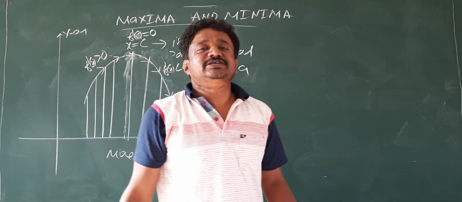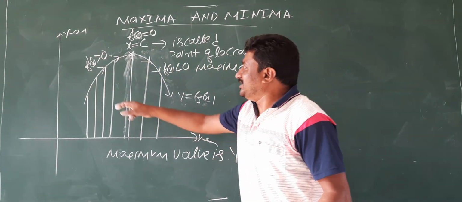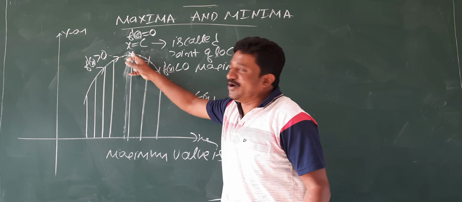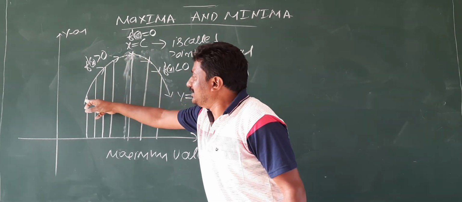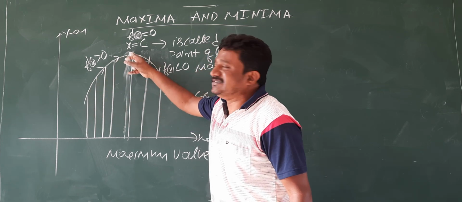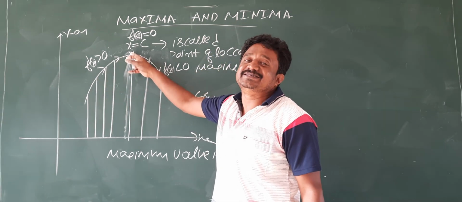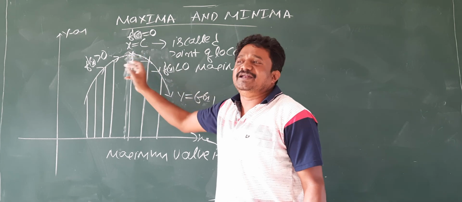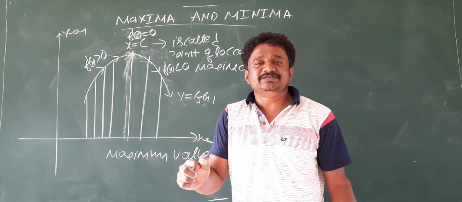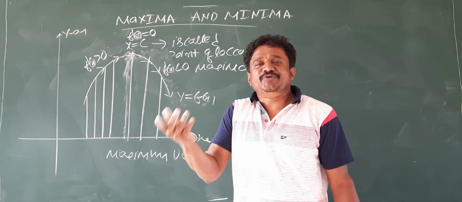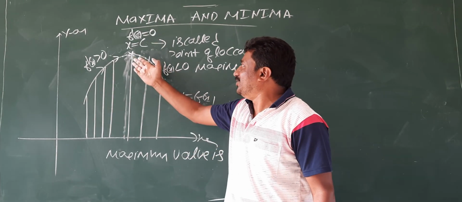Why is f dash c equal to 0? The function continuously increases till the point x is equal to c. At the point x is equal to c, it becomes stationary. Stationary means constant. Differentiation of constant is 0.